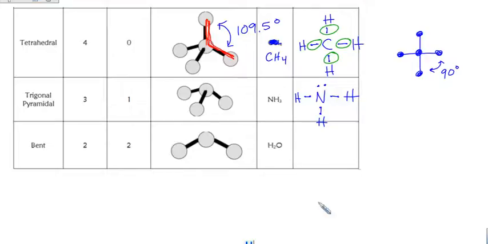There are 6 bonding electrons and 2 non-bonding, for a total of 8. Or here we would say there are 3 bonding electron groups or electron regions, and there's 1 non-bonding electron group, that lone pair on top. That's this guy right here.